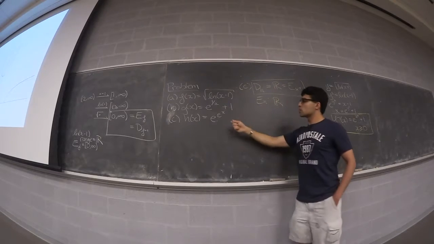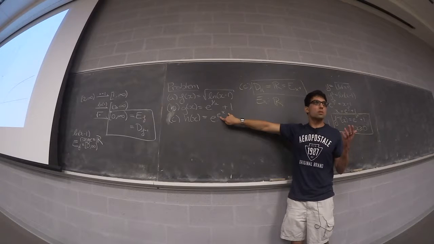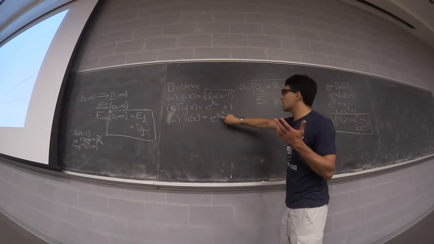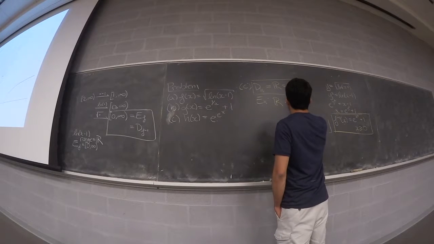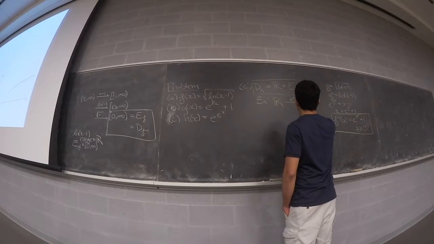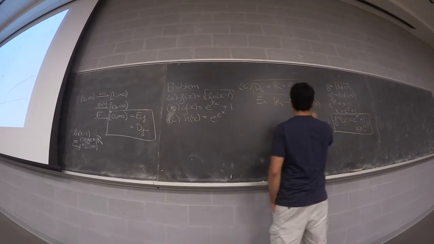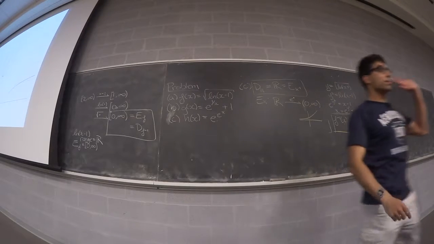If I put a number in here, e to the x is what? It's always positive, yeah? No matter what I put in, e to the x is positive. And the range of e to the x is all the positives. So when I do that the first time, I get the positives, okay? Everything's positive. Good?